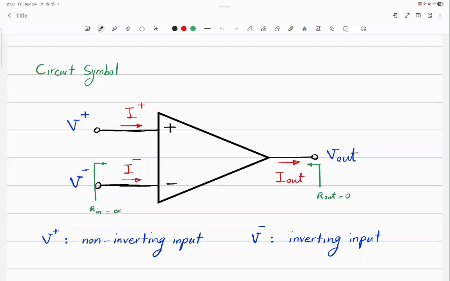The 2 terminals that you are measuring the equivalent resistance are actually your input. Do you see? The V positive and V negative are your 2 inputs. If you solve the Thevenin circuit, or if you connect your multimeter across these terminals, you will measure the input resistance of an op-amp, okay? Why have I written it's equal to infinity?